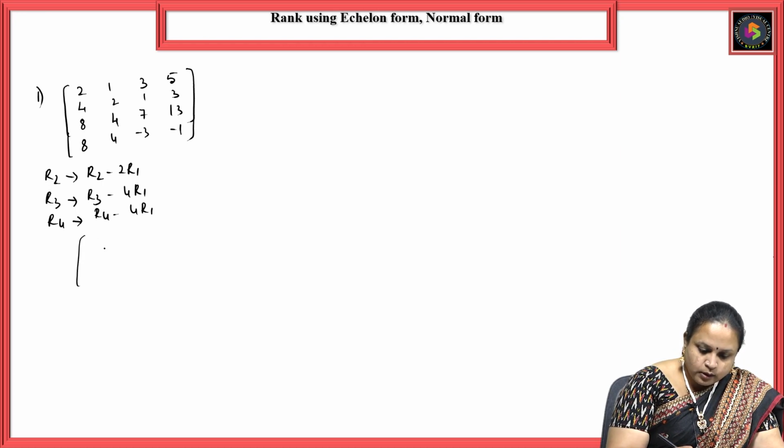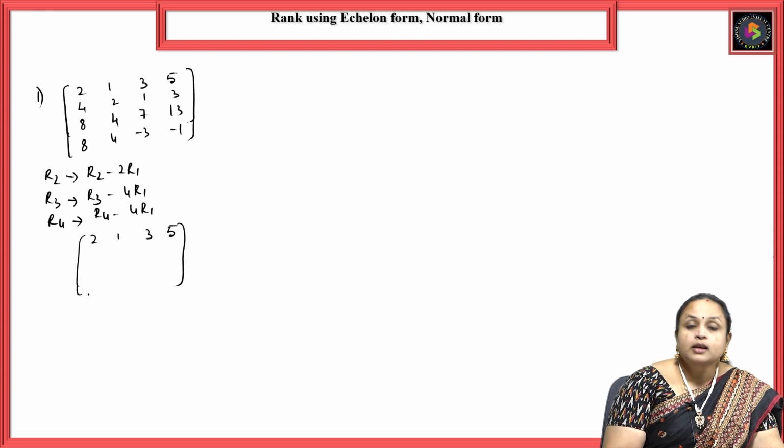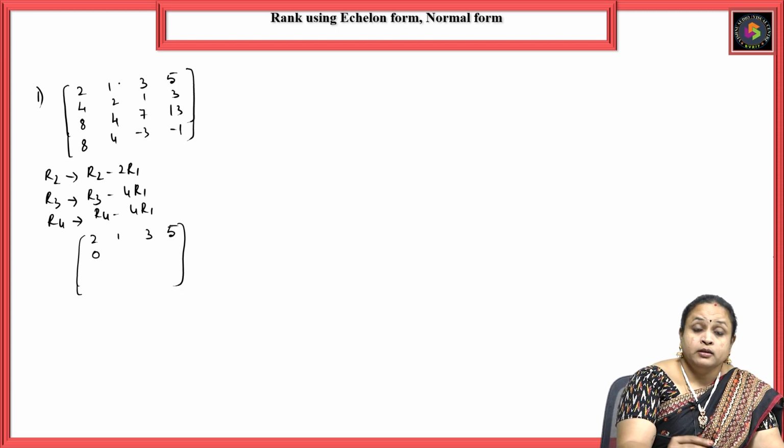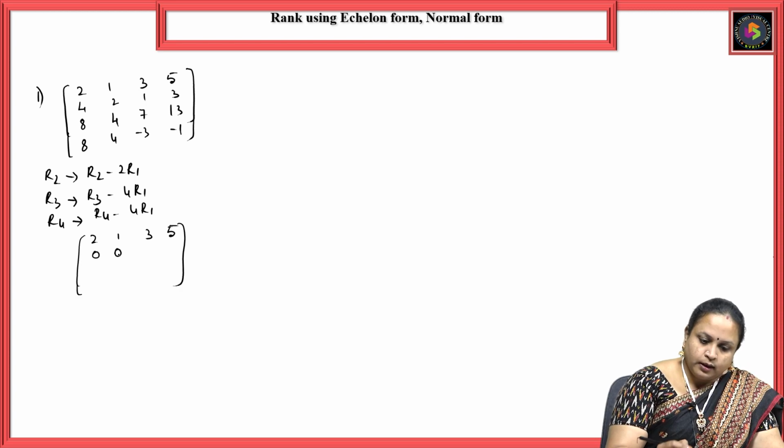So when you apply the row operations, the first row is not changing because we are not applying any operations to the first row. So write the first row as it is. Now come to the second row. 4 minus 4, 0. Then it is 2 minus 2, 0. Then 1 minus 6, that is minus 5.